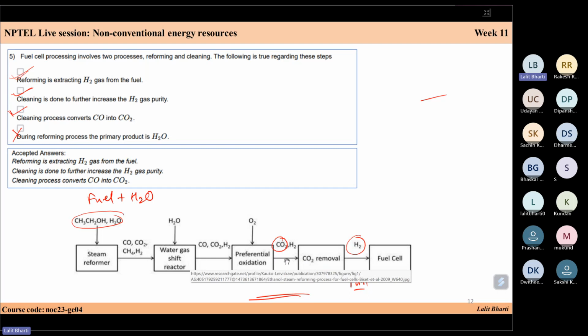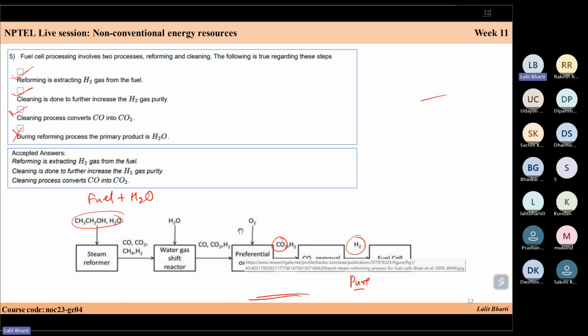So you are getting improved, high purity H2, and it also converts the CO into CO2. So this preferential oxidation comes in the cleaning process. You get carbon dioxide from the carbon monoxide. So options 1, 2, 3 are correct, and option 4 is incorrect.